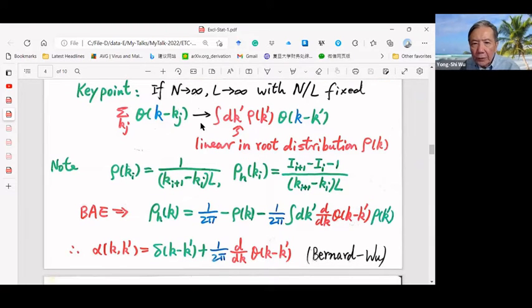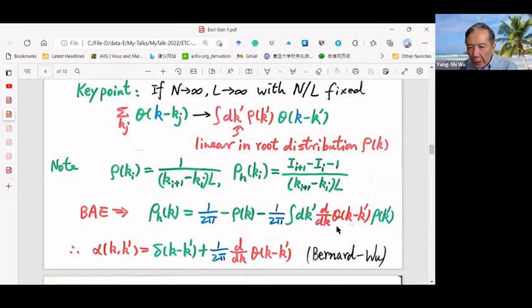So this sum becomes an integral with rho of k being the momentum distribution. Okay, so Yang and Yang get an integral equation like this for the distribution of momentum or pseudo momentum.